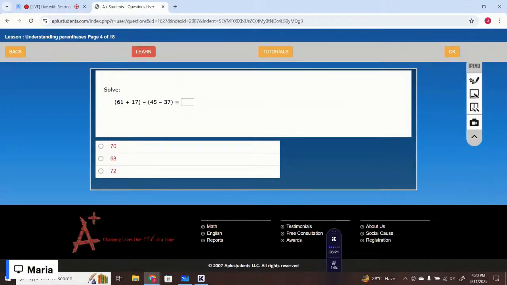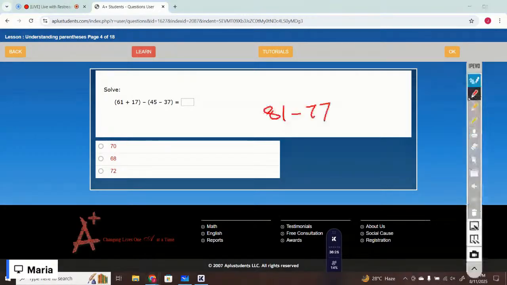Solve 61 plus 17 and 45 minus 37. Solve these parentheses first. So 61 plus 17 is 78 and 45 minus 37 is 8.